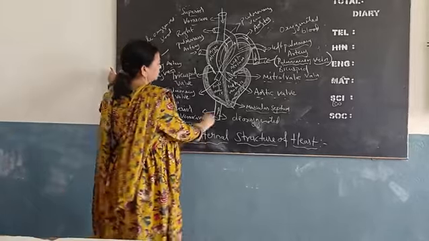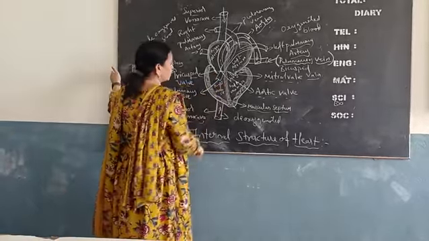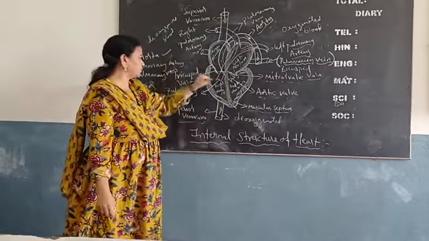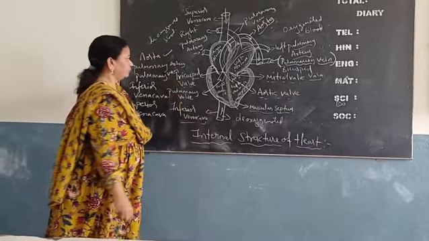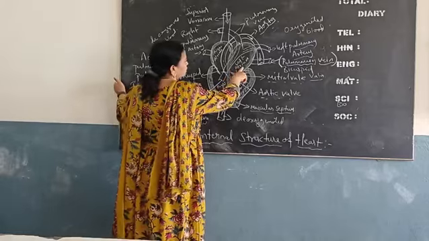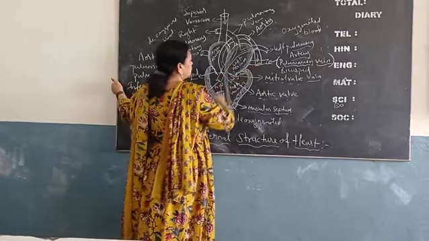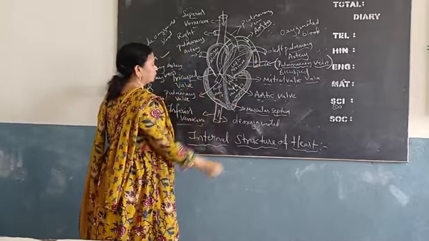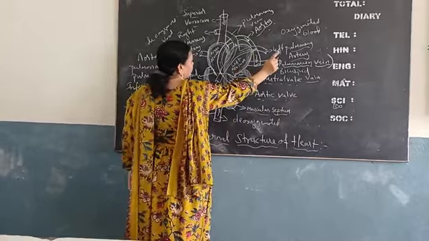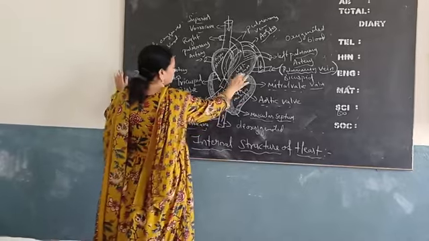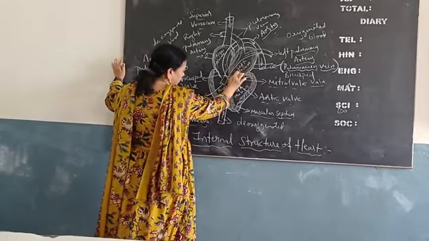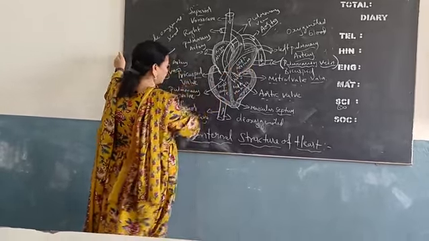Now let's see about the functions of these 4 chambers. So let's assume now that the blood is filled into the left atrium from the pulmonary vein. The pulmonary vein pours the oxygenated blood into the left atrium.